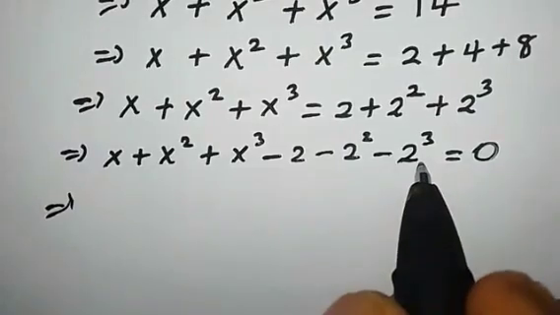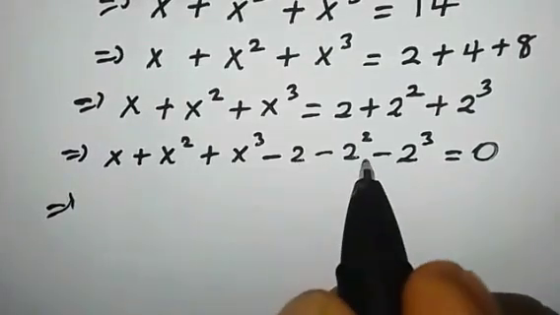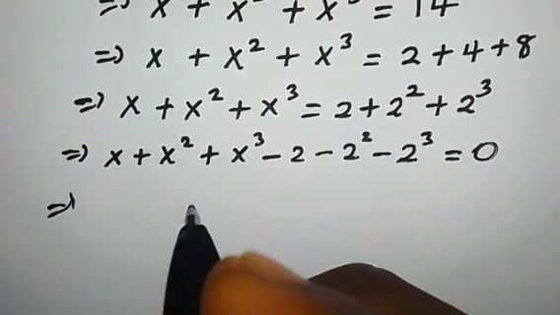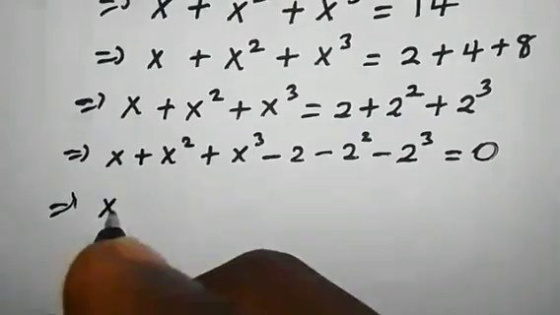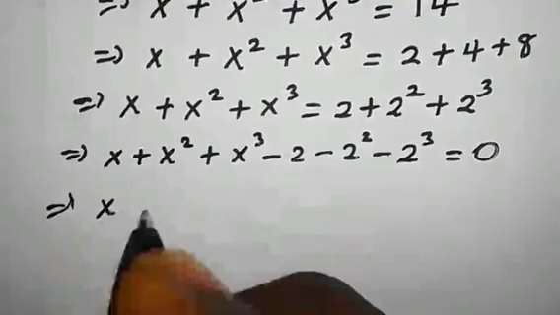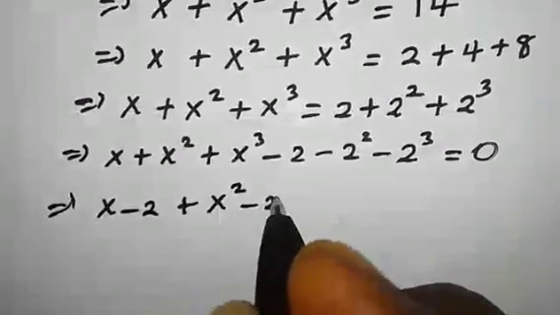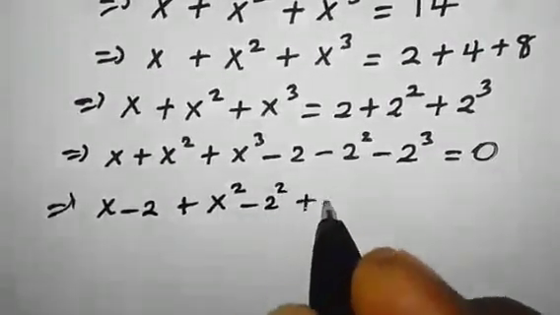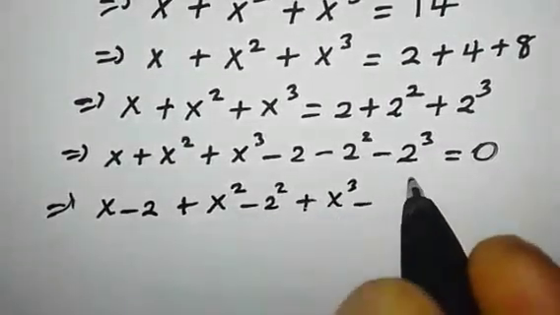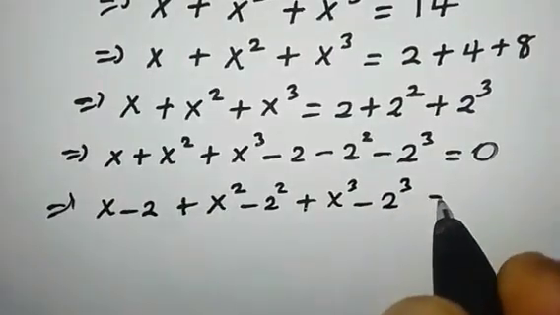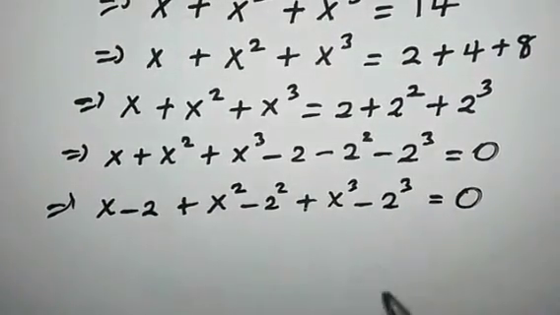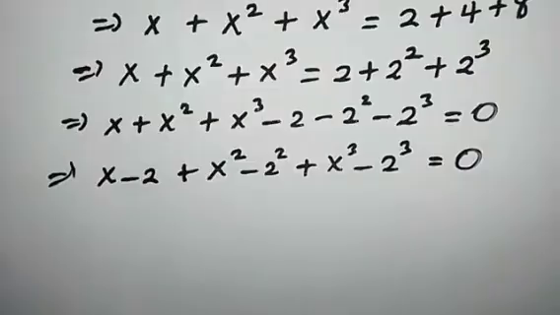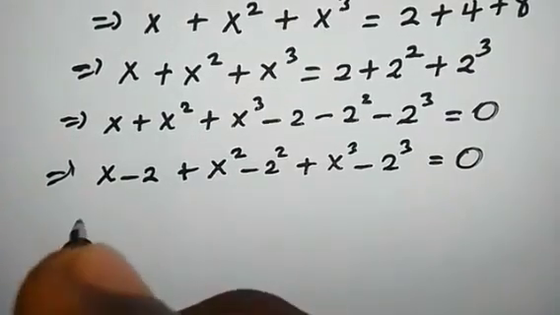Now, let's rearrange this equation. We have x minus 2, plus x square minus 2 square, plus x to the power of 3 minus 2 to the power of 3 equal to 0. Nothing has changed. It's just a little rearrangement.